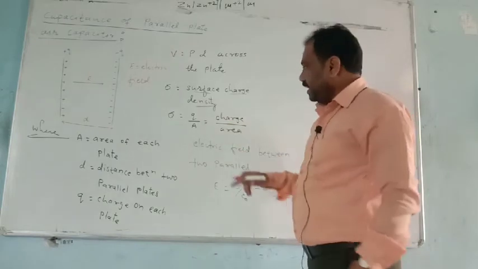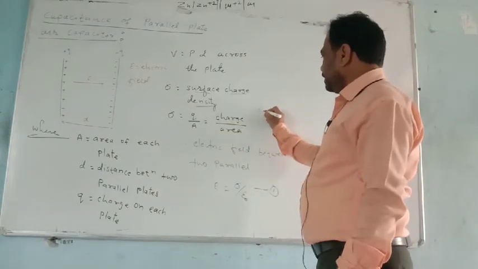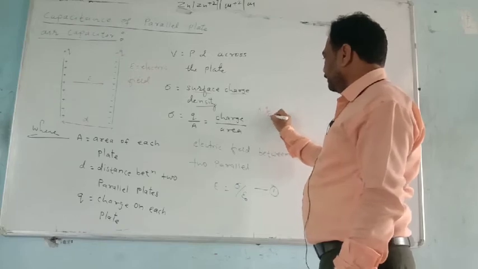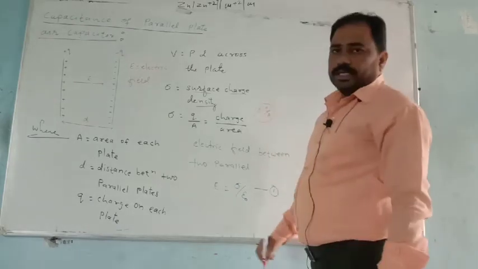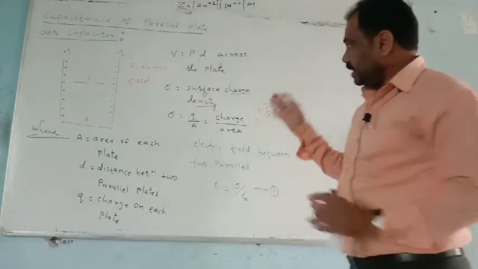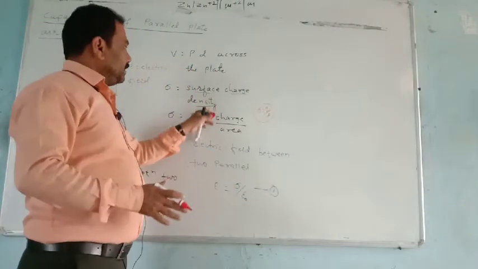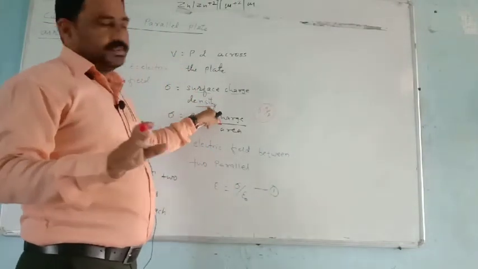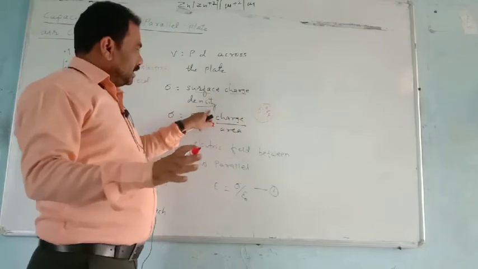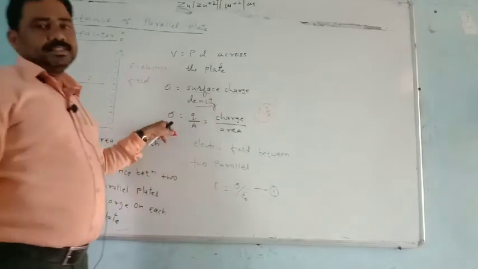So sigma is equal to Q by A. You can keep in your mind that sigma is nothing but charge upon area, and charge upon area means surface charge density. Do not confuse, surface charge density, that is charge upon area, Q by A, is represented by sigma.